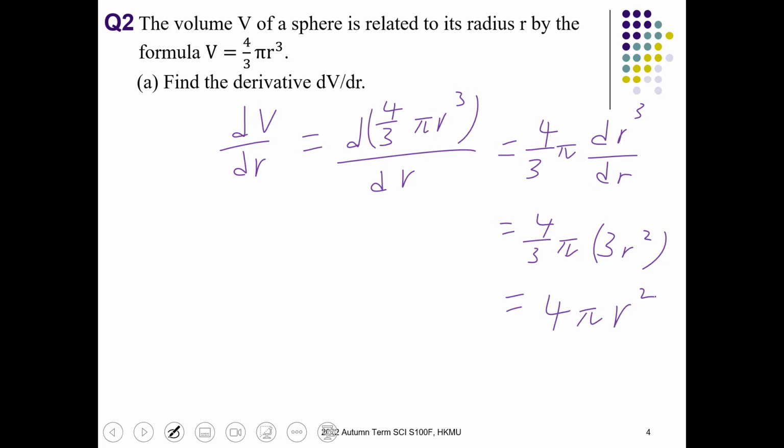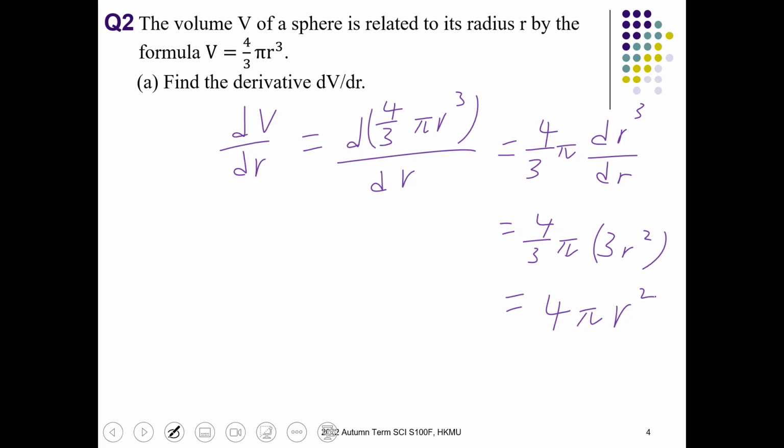As you can observe, after taking the first derivative, the power order of the radius dropped from 3 to 2. Originally, volume depends on the cubic of r. This is our power order of 3. After the first derivative, the power order decreases by 1. And now the first derivative depends on the square of r.